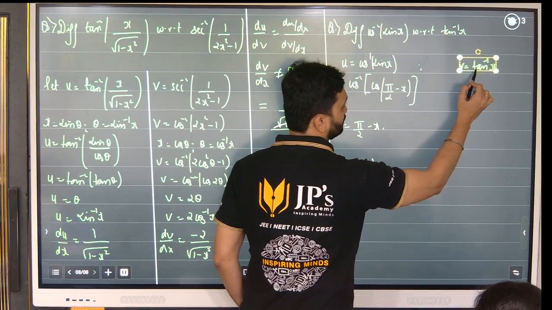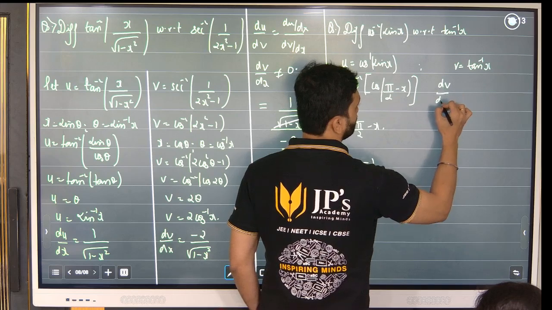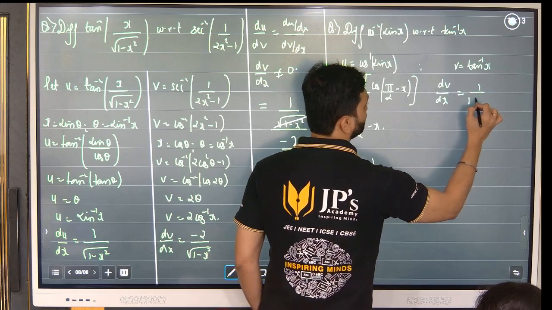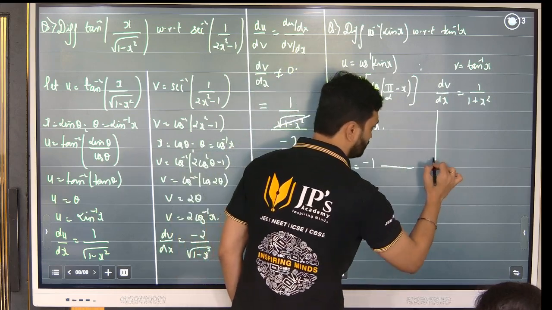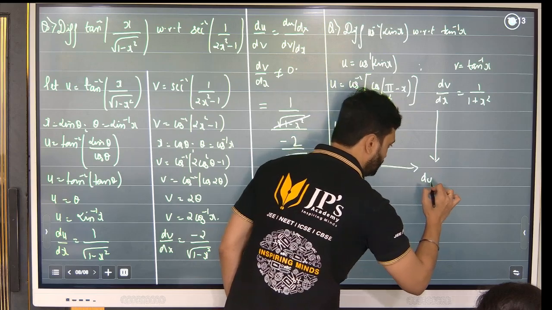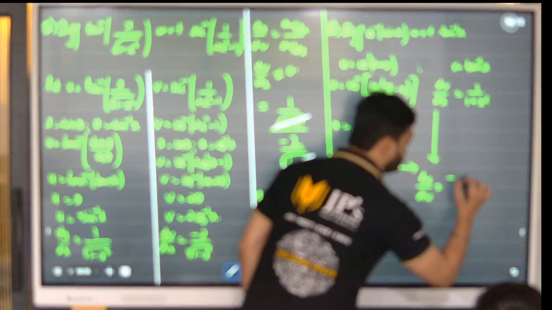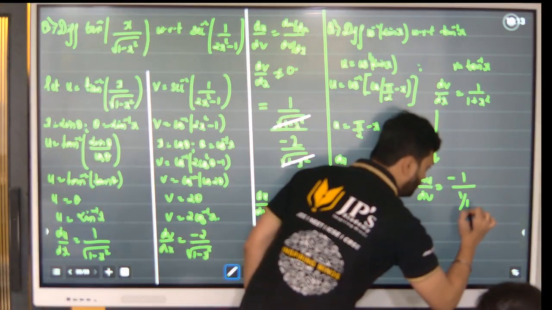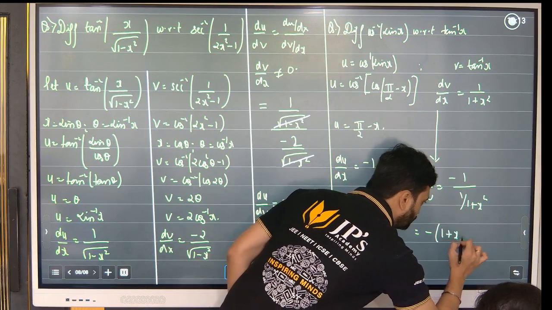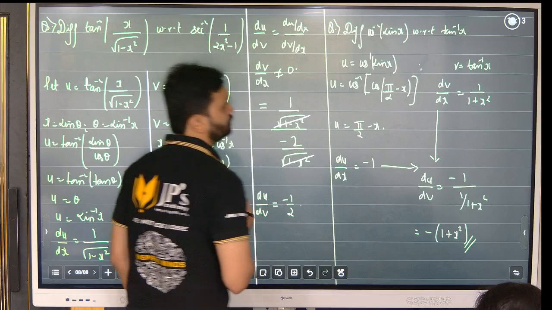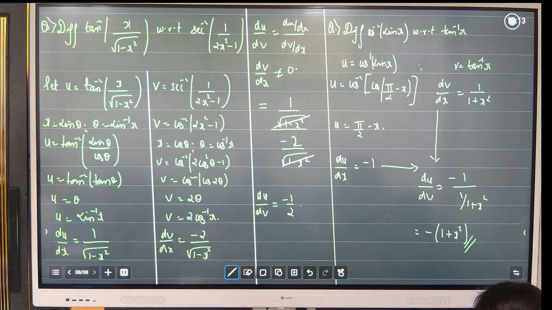And here we'll do dv by dx, which is also straightforward. And if I combine these two, I'll get du by dv. du by dv is minus 1 upon 1 plus x square. Therefore my answer is minus 1 upon 1 plus x square. Have you guys understood this? Very simple sum.